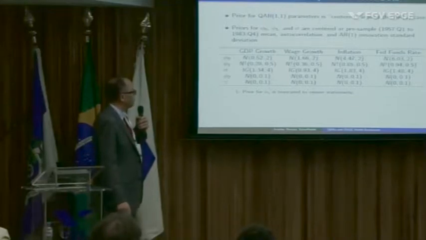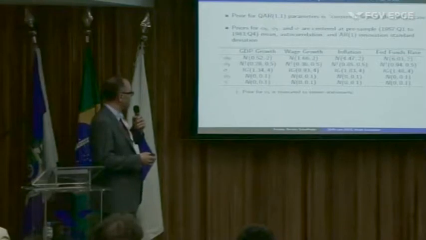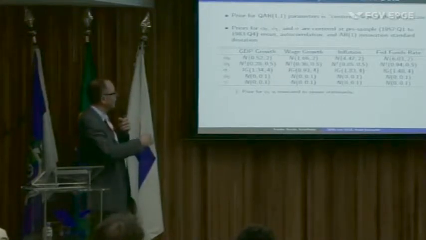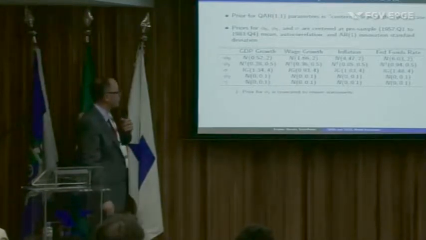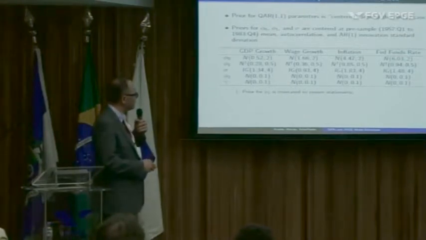So here it's Bayesian estimation. We need a prior distribution. The key feature is that we use a pre-sample from 57 to 83 to center our priors for the linear part of the QAR11 model, so for phi naught, phi 1, and sigma.